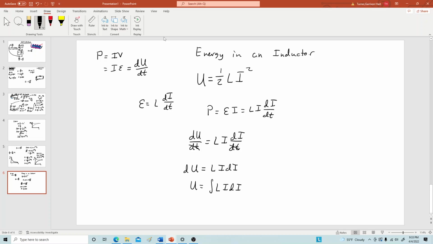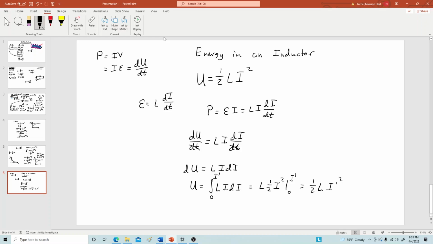And if my current starts from some starting value 0, up to whatever value it may be, let's call it I prime, then this is going to be equal to L, which can come out of the integral since it's constant, and the integral of I dI would be 1/2 I squared evaluated from 0 to I prime, and this gives us 1/2 L I prime squared, where the prime is just noting that that is some specified maximum current.